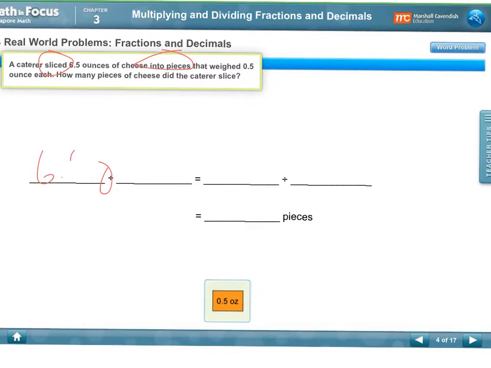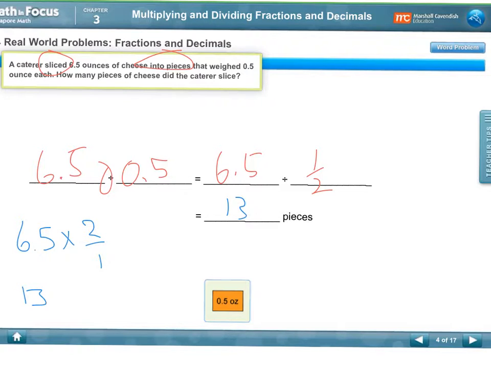So we're taking 6.5 and we're dividing it into pieces that are 0.5 big, which is the same as doing 6.5 divided by 1/2. And I write it that way because dividing by 1/2 is actually very easy to do. It's 6.5 times 2 over 1. That's just 13. 6 times 2 is 12. Half times 2 is another 1, so we have 13.